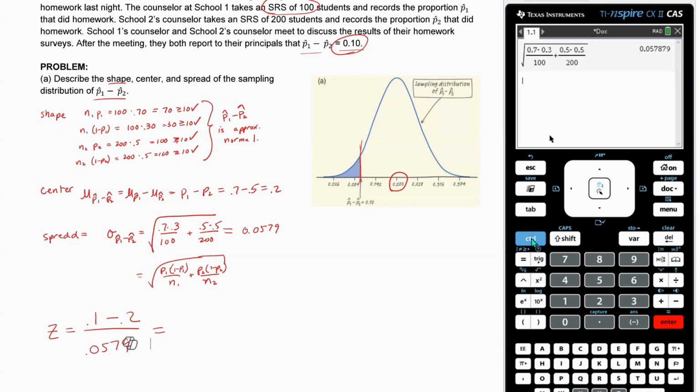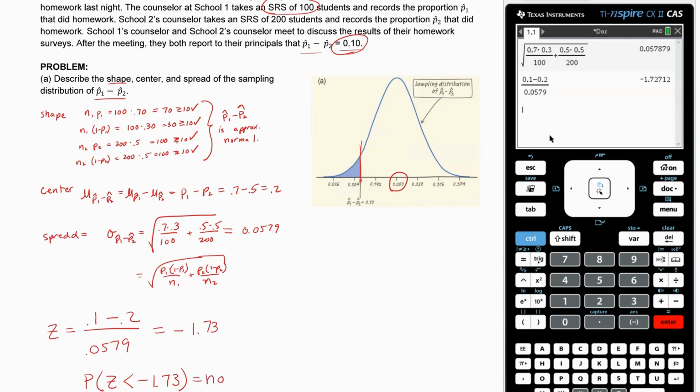And if I go to my calculator, 0.1 minus 0.2 divided by 0.0579, and we get a z value of negative 1.73.